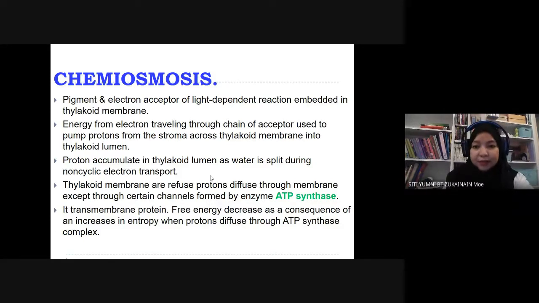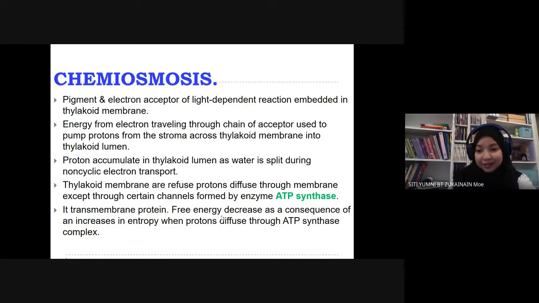It becomes a higher concentration gradient as water is split during non-cyclic electron transport. Water is split in the thylakoid lumen, so non-cyclic electron transport makes the protons accumulate. The thylakoid membrane is impermeable. Protons diffuse through the membrane only through certain channels formed by the enzyme ATP synthase, a motor rotation. It is a transmembrane protein.